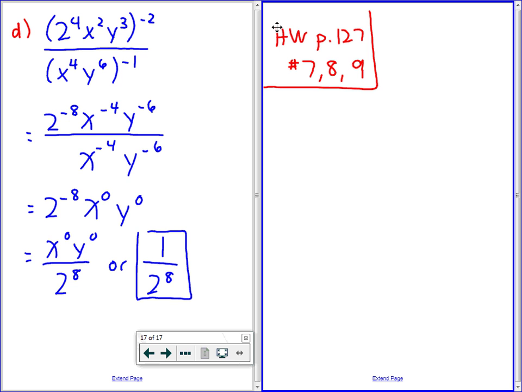Okay, for anyone that wants to get started on their homework, which I'm assuming is everyone, I'm going to write 7, A, B, C, and D on the board. And if you want to do them, you can do them right now. If you want to wait until tonight, you can do them tonight.